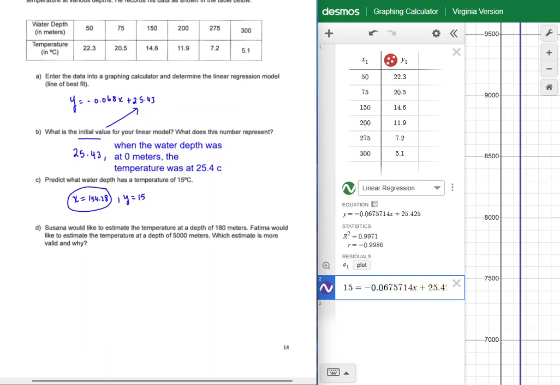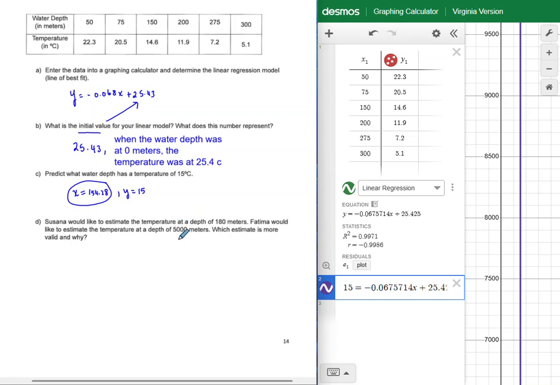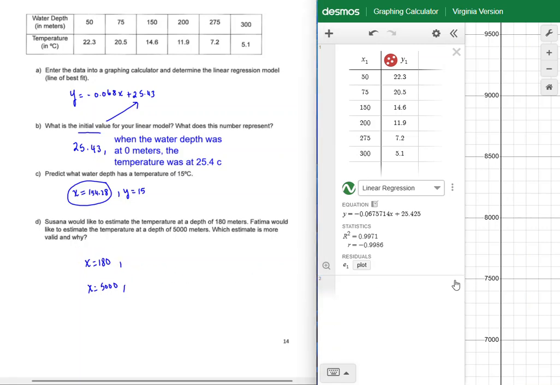All right, Susanna would like to estimate the temperature at a depth of 180 meters. So again, the depth is 180 meters, which is your x. And then Fatima would like to estimate the temperature at a depth of 5,000. Which estimate is more valid and why? Okay, let me see here.